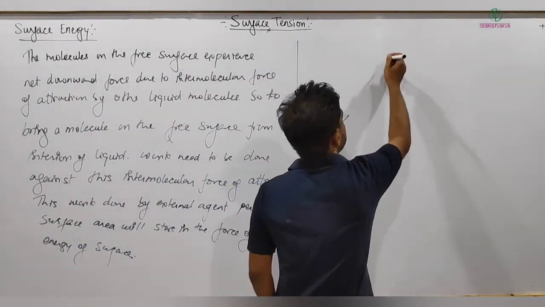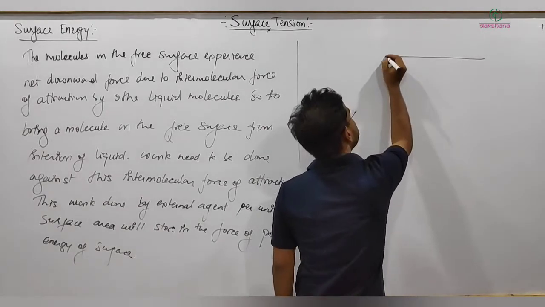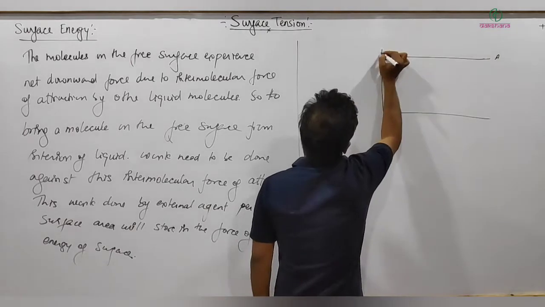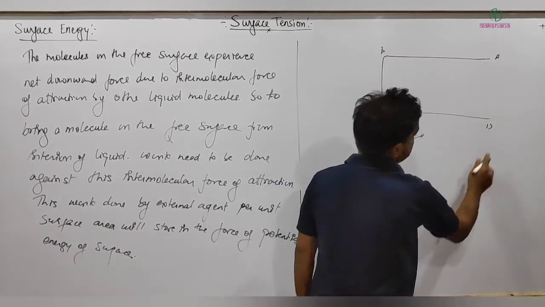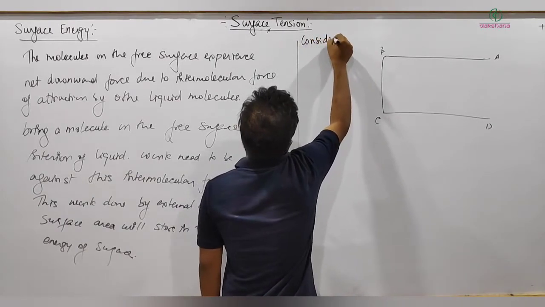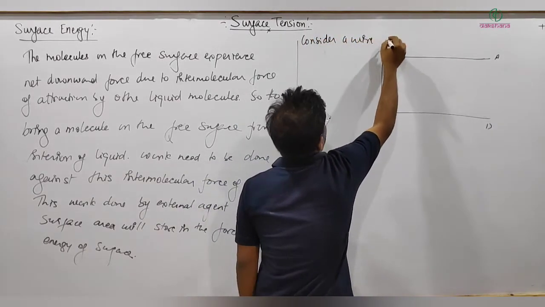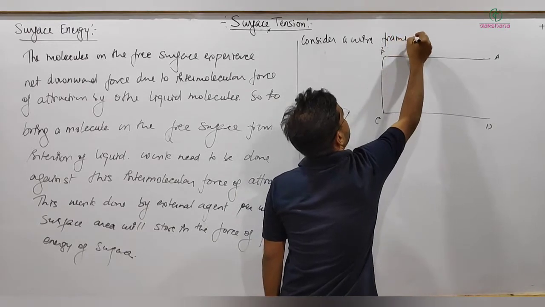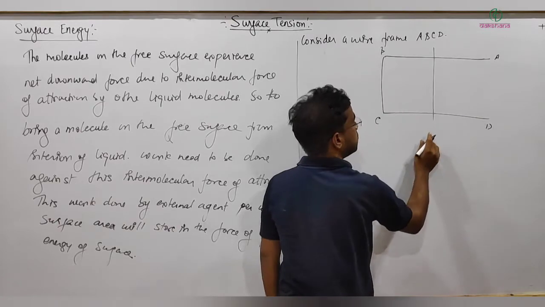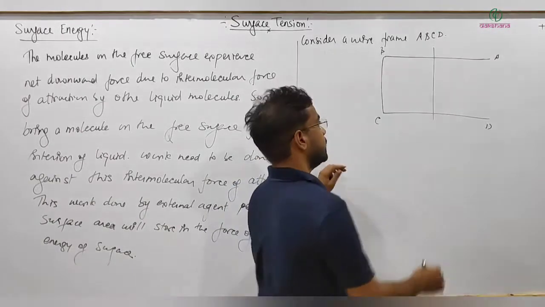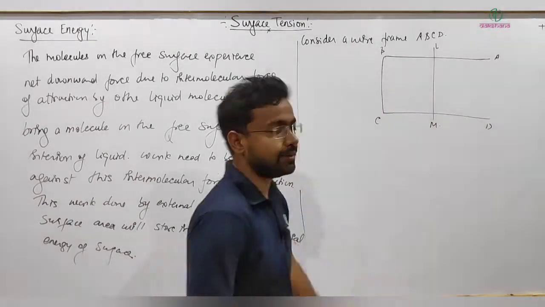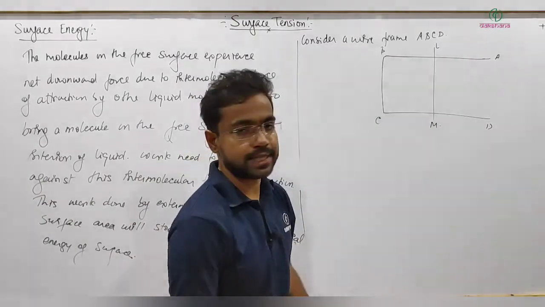So consider here a wire frame like this, A, B, C, D. Let me consider one movable sliding rod, let's say L, M, which can freely slide without friction.